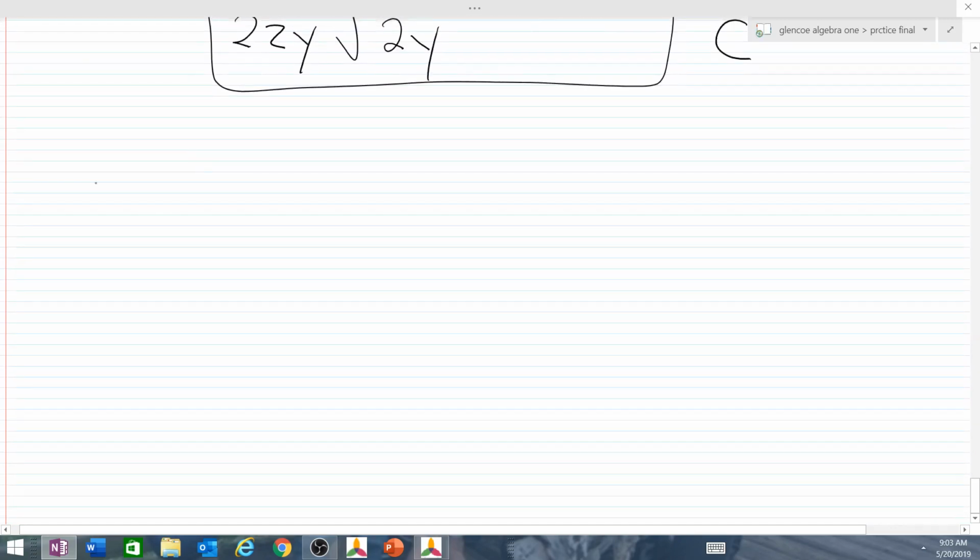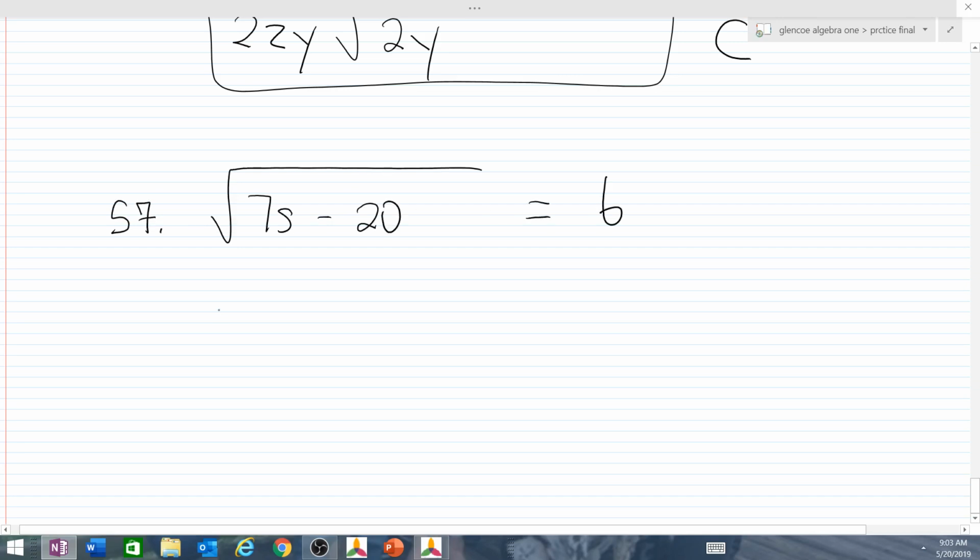56? Okay, solving a radical equation. Step 1, square each side.